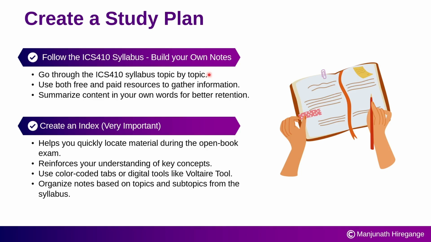You collect each and every piece of information for each topic and summarize the content in your own words. Why? Because writing it out helps you understand and retain the material much better than just reading.